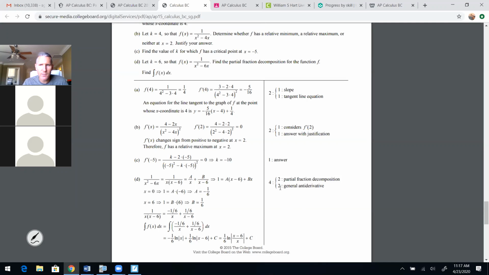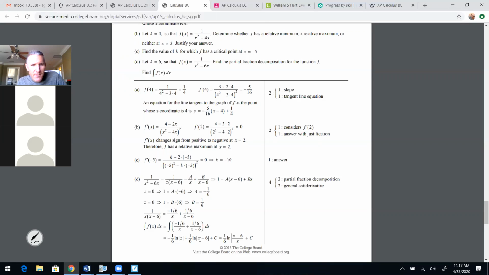Kayla asks, what if we don't simplify? Yeah, you don't have to simplify. For the free response questions, which is all that you are going to be given for this year's AP exam, as long as what you have is mathematically correct, they don't require you to simplify.